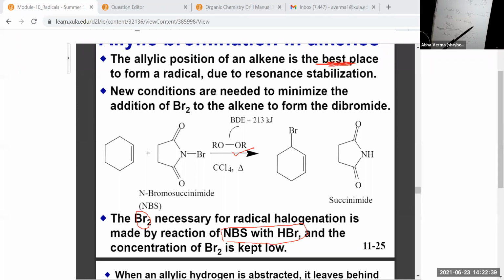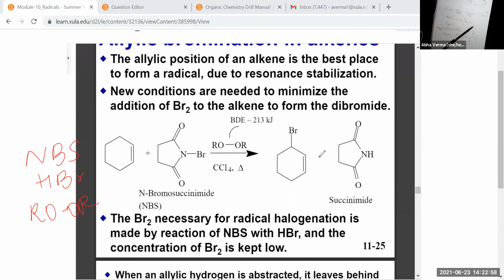So peroxides will act as a great initiator for your reaction. You don't need to know the mechanism of this. You just need to know the conditions. You have NBS, you have HBr, and then you have the peroxide.